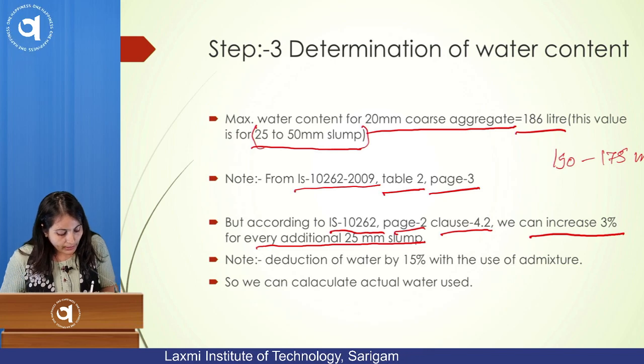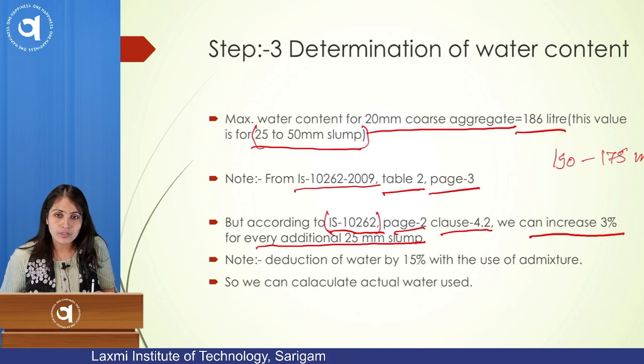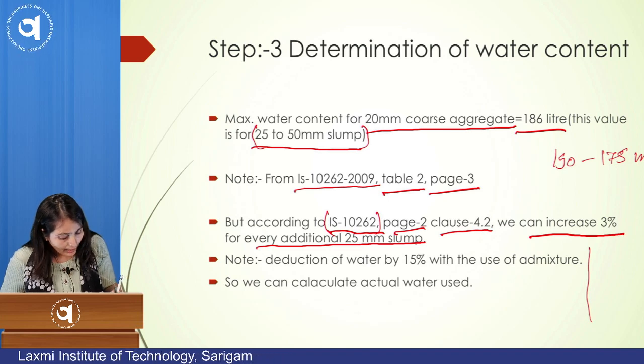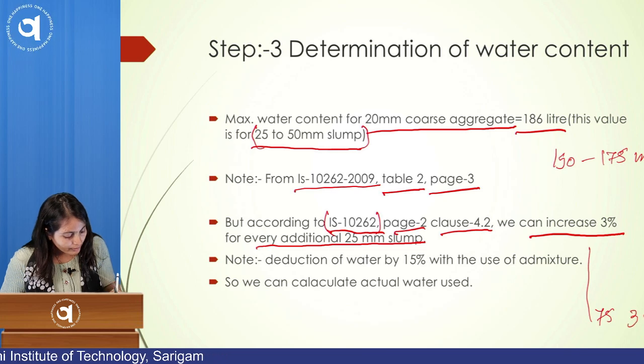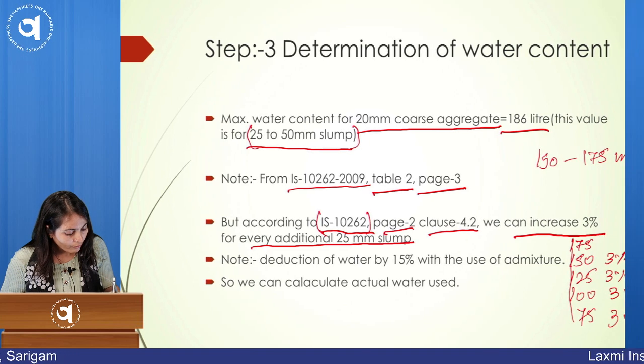According to IS 10262, we can increase 3% for every additional 25 mm slump. So we calculate like this: 75 for 3% increment, then every 25 mm, 100 for 3%, 125 for 3%, 150 for 3% and 175 for 3%.